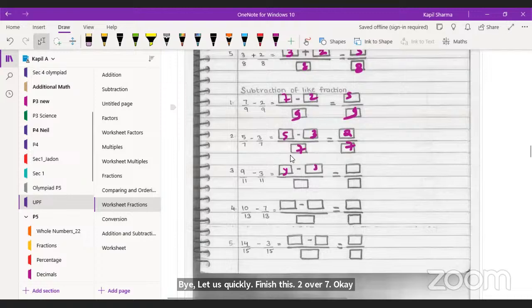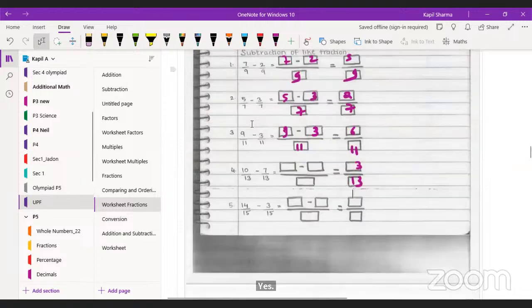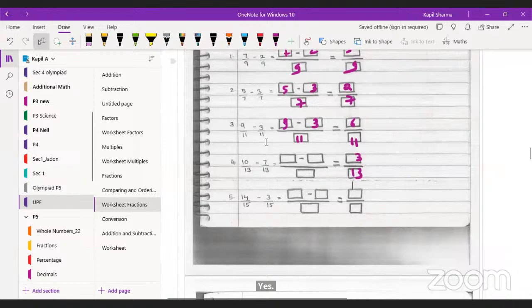Then, yeah, 6 over 11. Yes, 3 over 13. Yes, then 11 over 15.